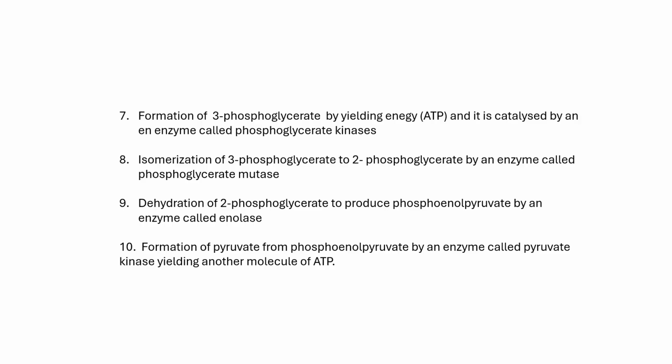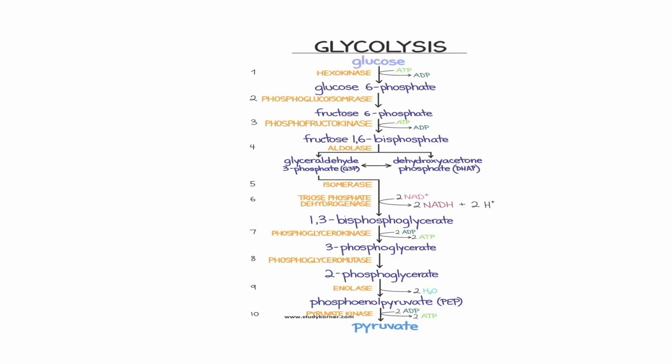And at the start of this process, we invest 2 molecules of ATP at step 1 and step 3. So after we subtract the investment, the energy that you invested in the process, you will get a net 2 ATP from glycolysis. Okay, so this is the overview of everything.